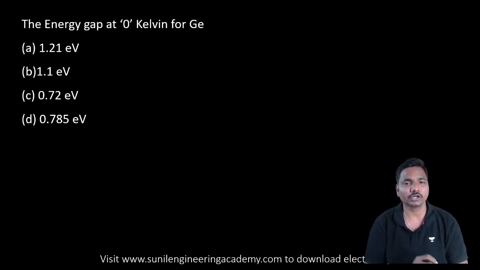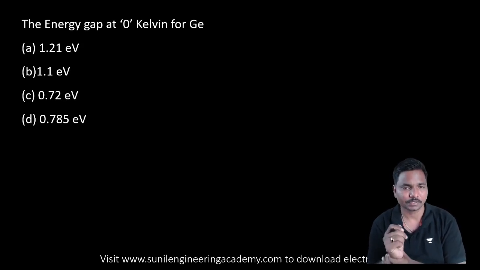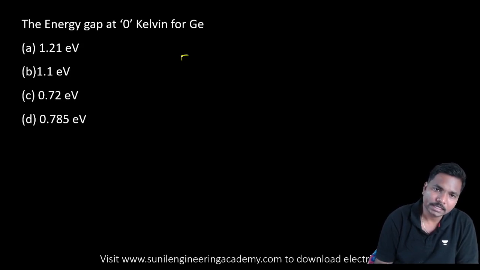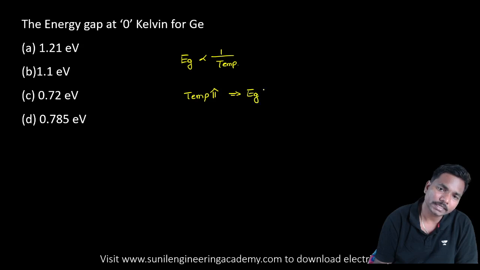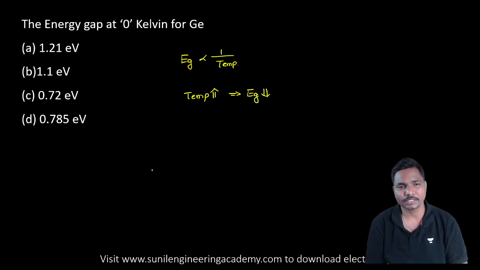Energy gap at 0 Kelvin for germanium. This is a very important question, guys. Here the energy gap is inversely proportional to the temperature. That means as temperature increases, the energy gap decreases. Very important relation.